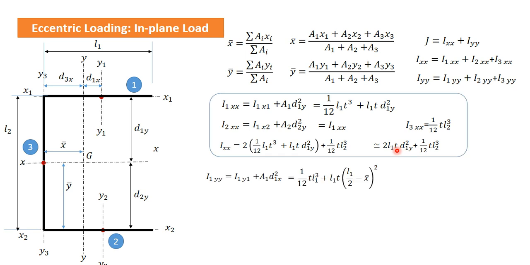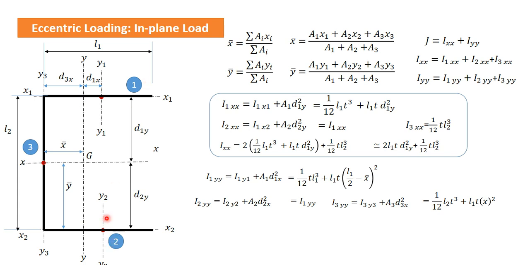Similarly we can find out A1yy. A1yy is nothing but the second moment of area of this total geometry about the yy axis. This is obtained using the second moment of area of section 1 about its own yy axis, and then transferring it to the yy axis of the geometry.